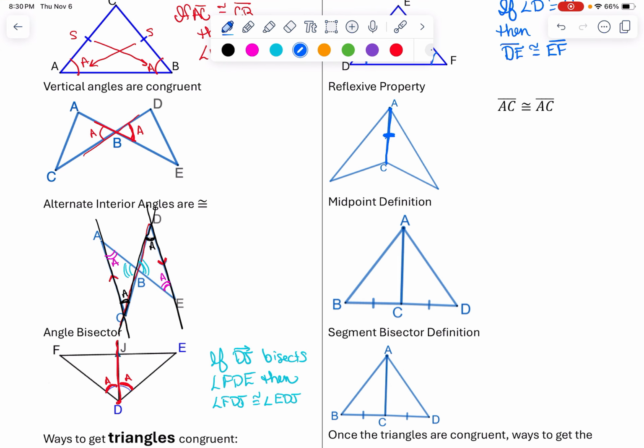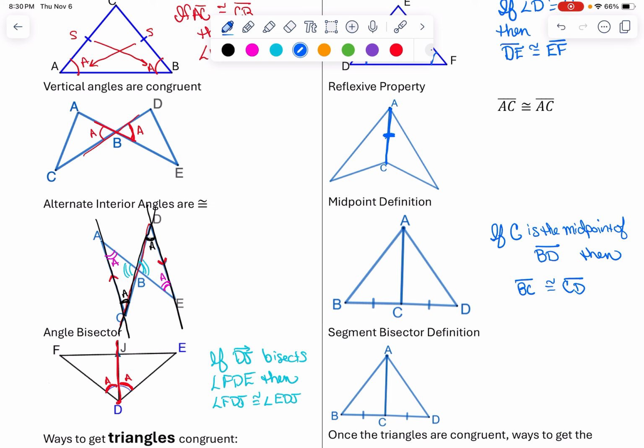Other ways to get segments congruent is by using the definition of midpoint. If C is the midpoint of segment BD, then segment BC must be congruent to segment CD.